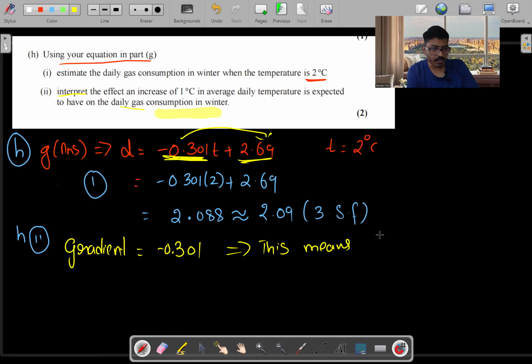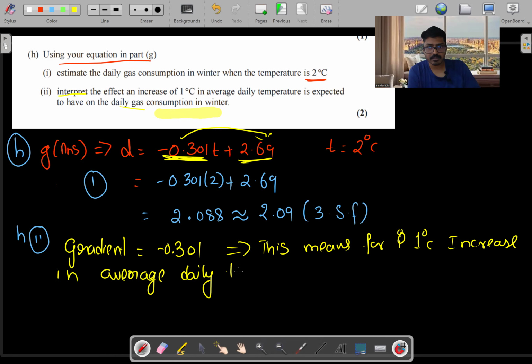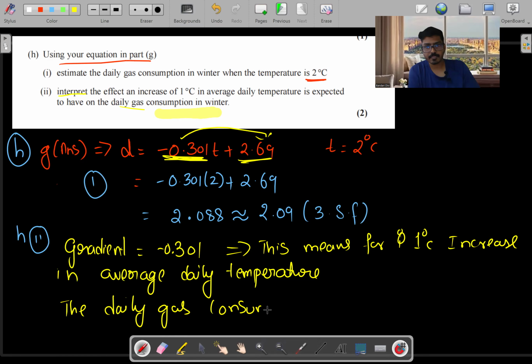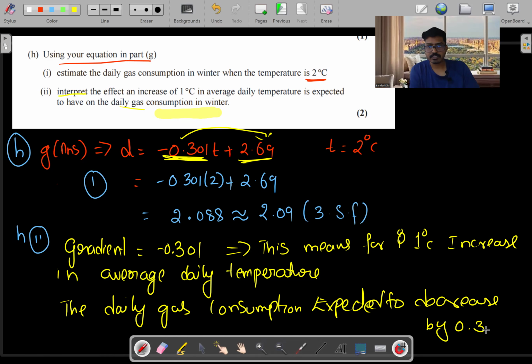So this means that for a 1 degree increase in average daily temperature, the daily gas consumption is expected to decrease by 0.301 meter cube.